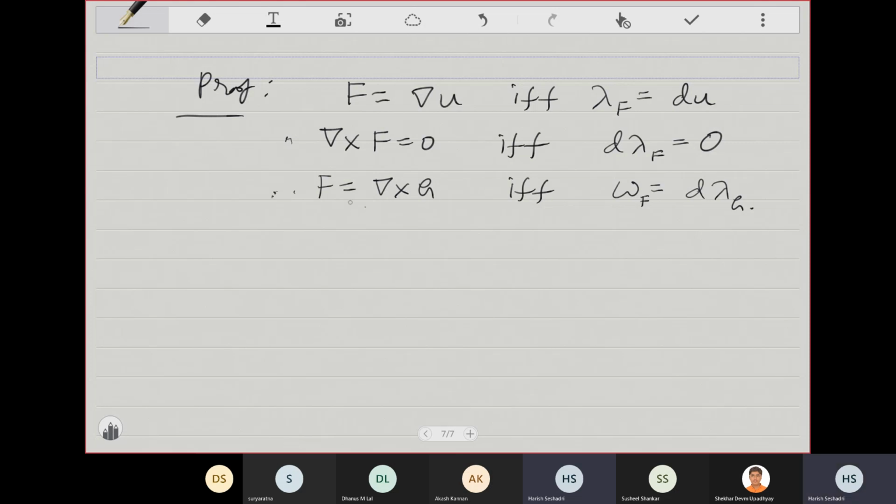If the curl is 0, so if the left hand side is 0, then omega F will also be 0. Therefore, this implies this. Keep this in mind. This is the strongest statement, the third one.